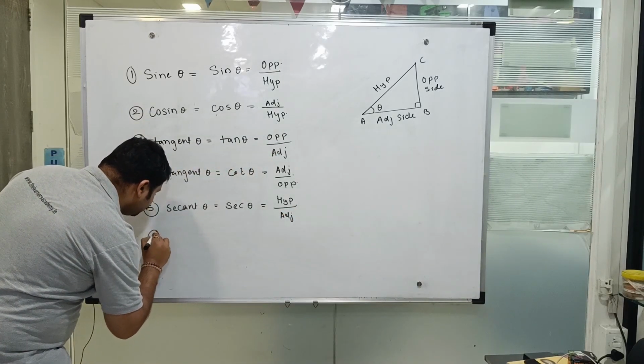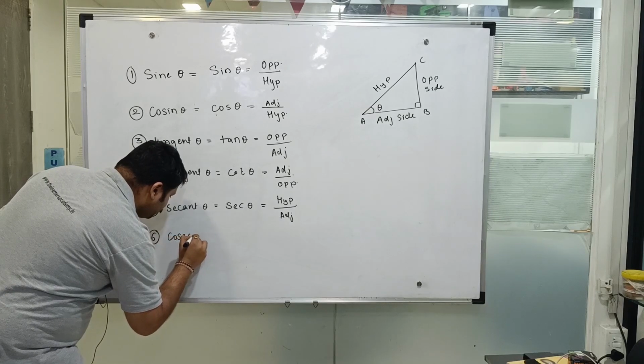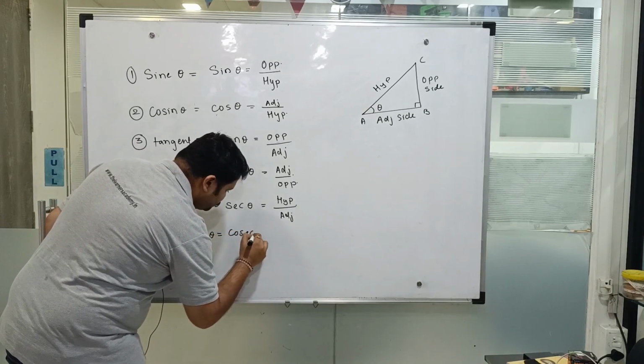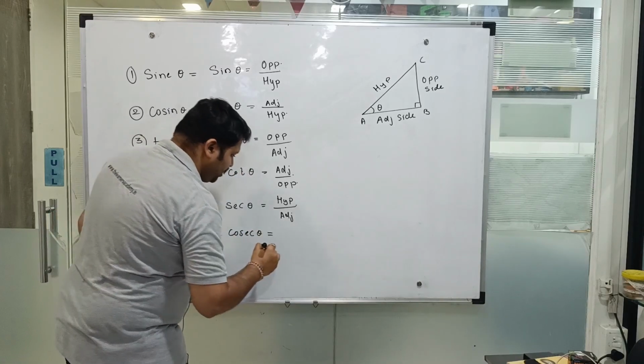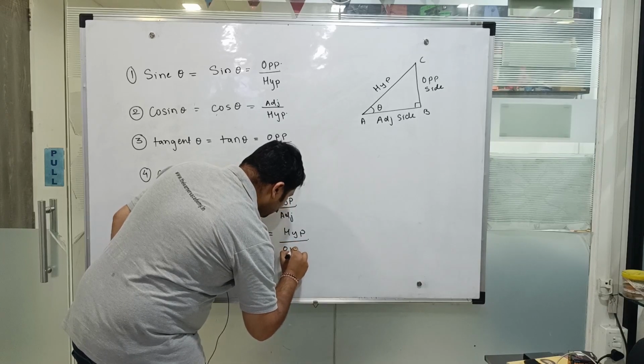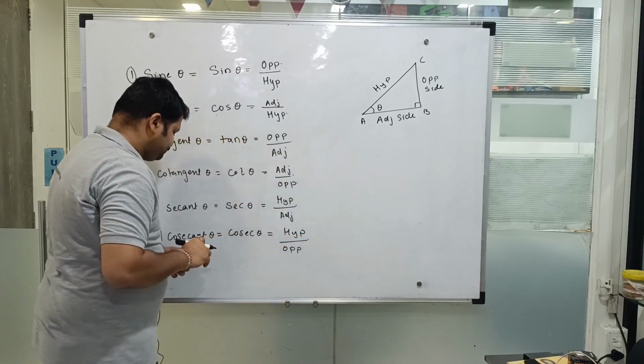The last one is cosecant theta. The short form is cosec theta, and it is defined as hypotenuse upon opposite side.